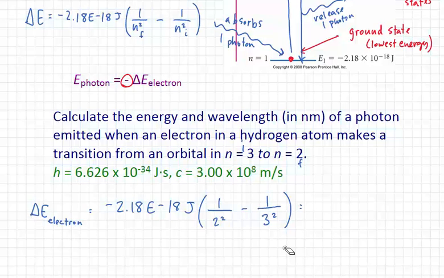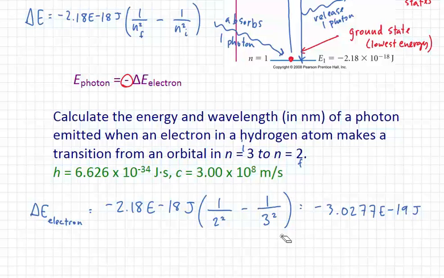But anyway, what did you get? Minus something? 3.03 times 10 to the negative 19. Yep. I'm going to keep a couple extra digits, 3.027 or something like that, times 10 to the minus 19 joules. And if you didn't get that answer, double check what you typed in.